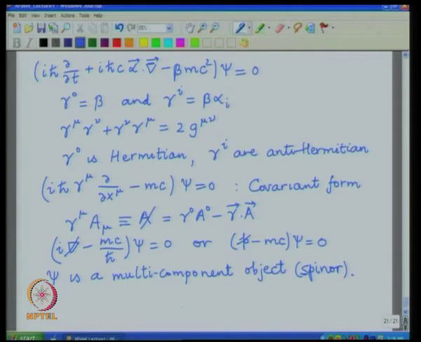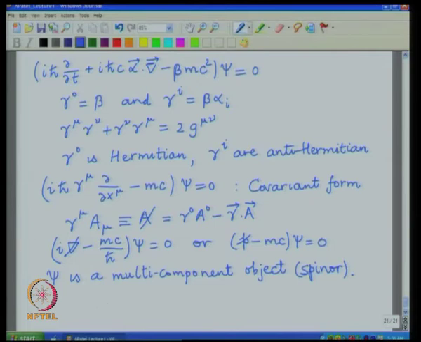Now, one can write the complex conjugate equation again in a covariant form, but one has to now keep track of the Hermiticity of gamma 0 and anti-Hermitian nature of gamma I to change the sign and to take care of that particular quantity. It is convenient to define yet another notation.